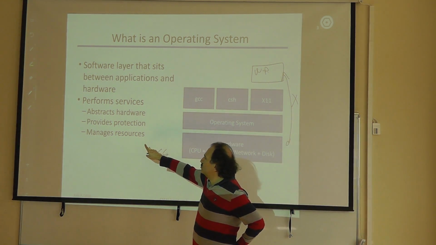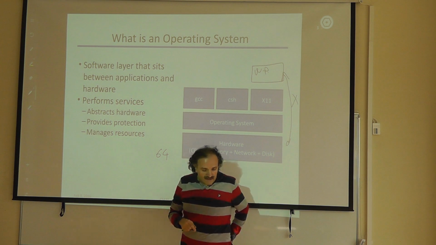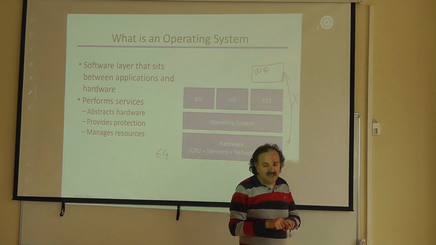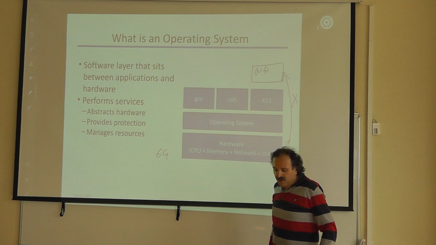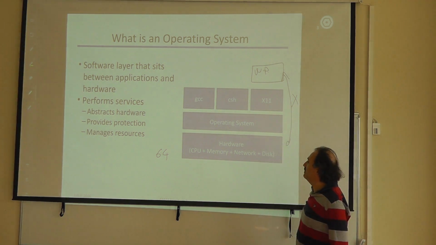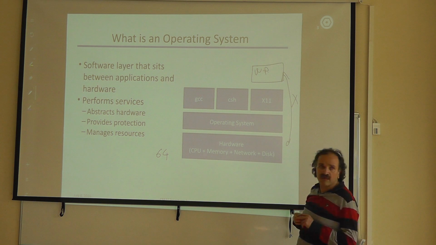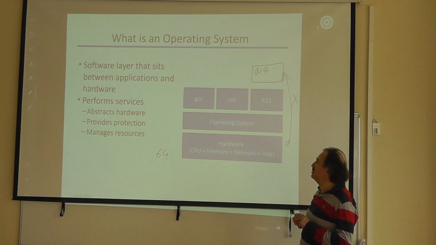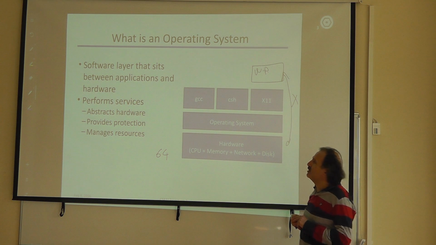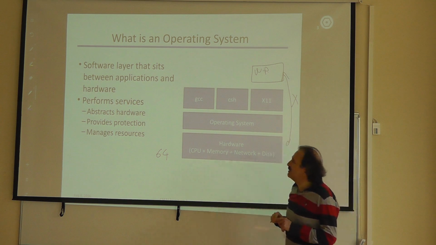It should divide those resources among the processes in a very, very fair way. Otherwise, more than one program cannot exist on the same machine, on the same operating system. So the operating system does many, many things.